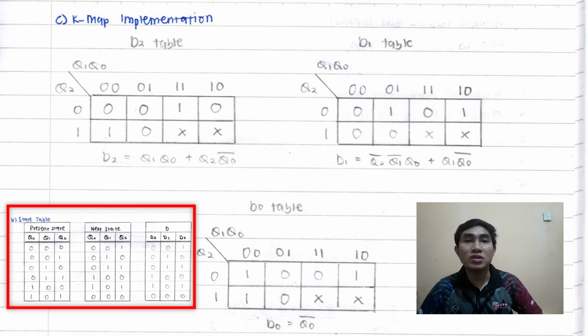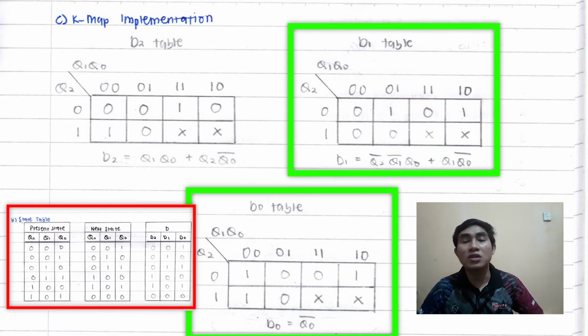D1 and D0. For D1 and D0, we just do the same as earlier. We search for the high inputs, put the don't cares, and lastly find the function itself.